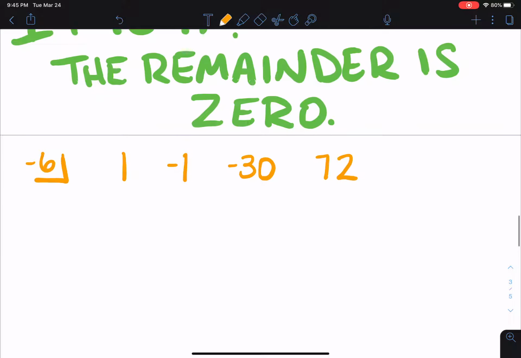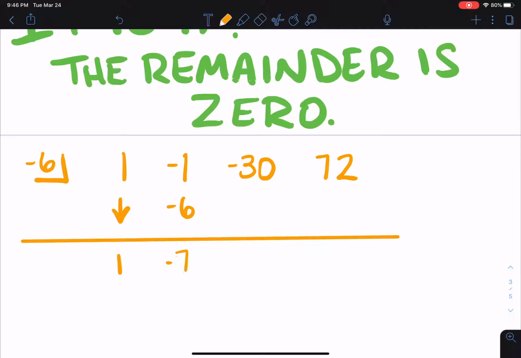Now we're going to use synthetic again and show that these are factors. Let's see if it is a factor. What are we going to do with this one? You're right, we're going to drop it low. So negative 6 times 1 is going to give us negative 6. Negative 6 plus negative 1 is negative 7.